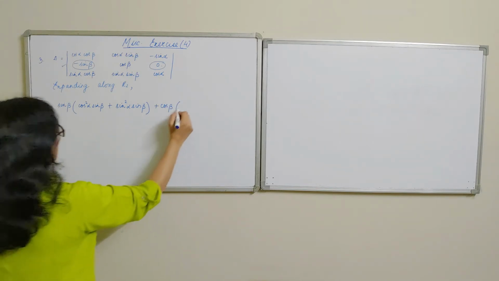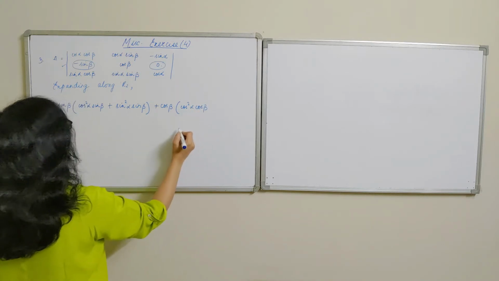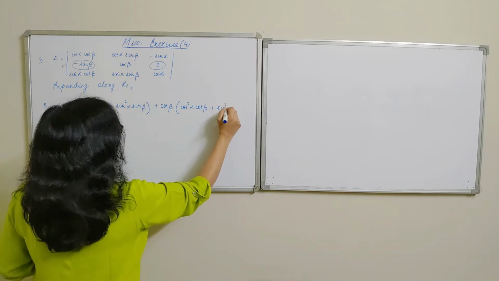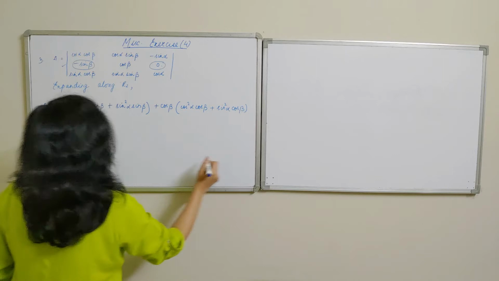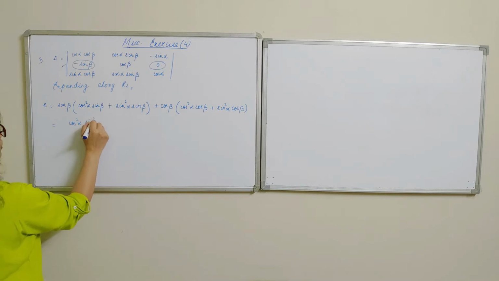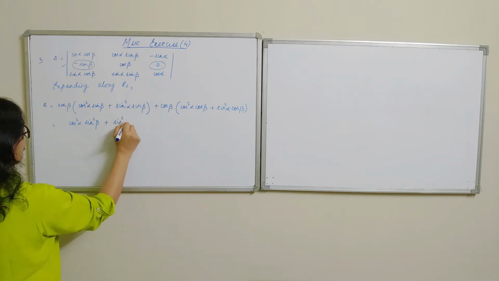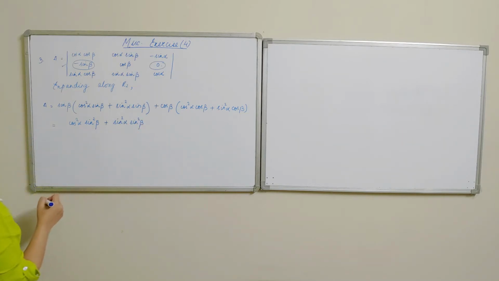This is to be multiplied by (cos square alpha cos beta plus sin square alpha cos beta). So let's multiply: cos square alpha sin square beta plus sin square alpha sin square beta.